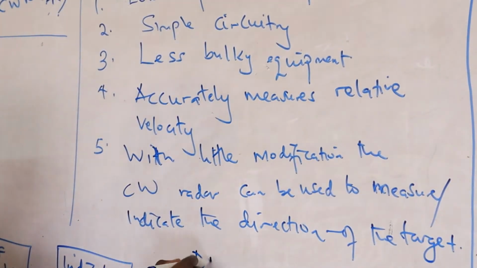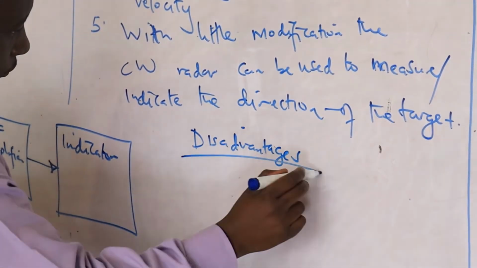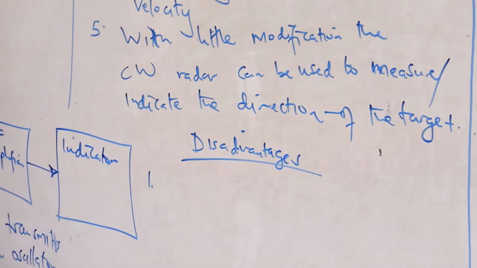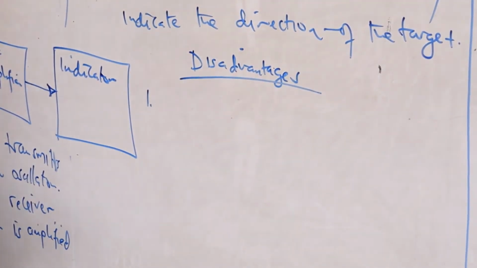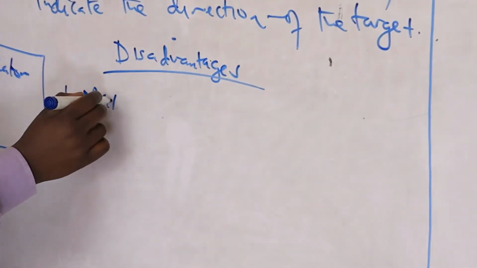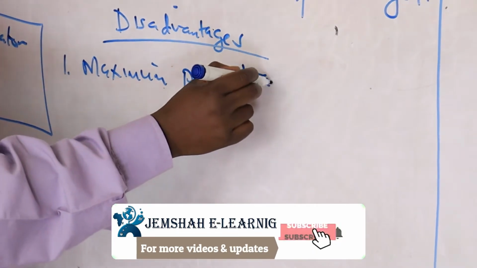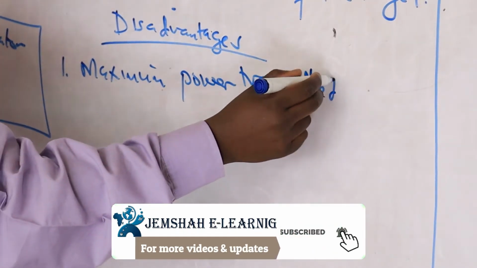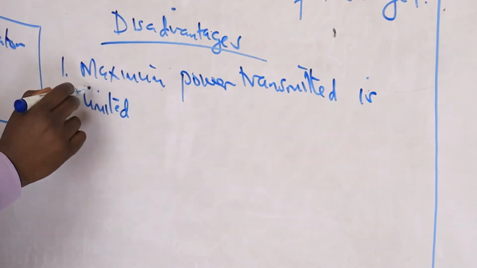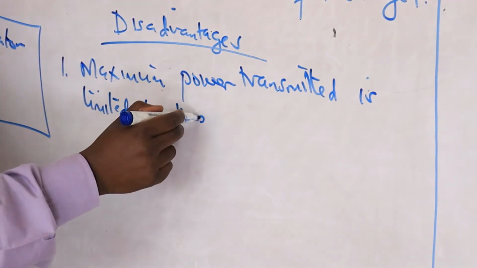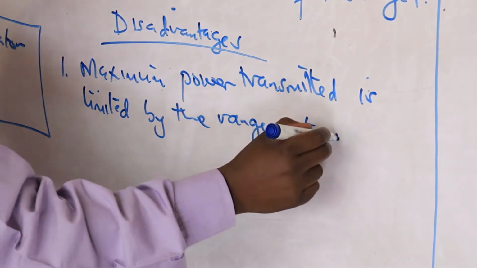So we are going to talk also about the disadvantages. Number 1 is that the maximum power transmitted is limited by the range of the radar design.